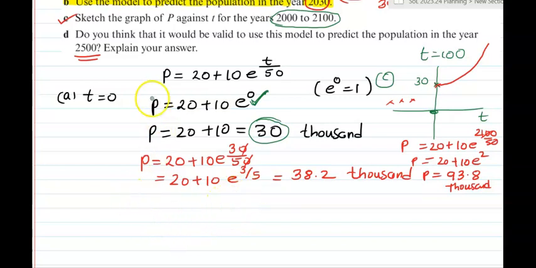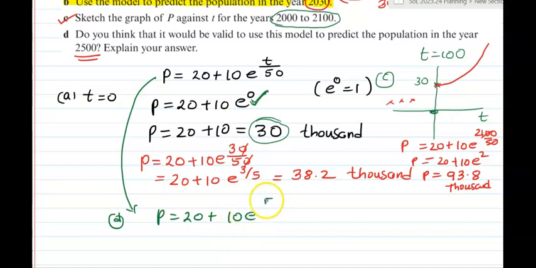So if we put the same equation here for part D, P equals 20 plus 10 e to the power 500 over 50. 500 over 50 cancels to e to the power 10. If you simplify it, how much is it coming?